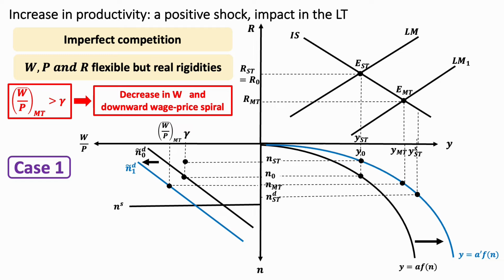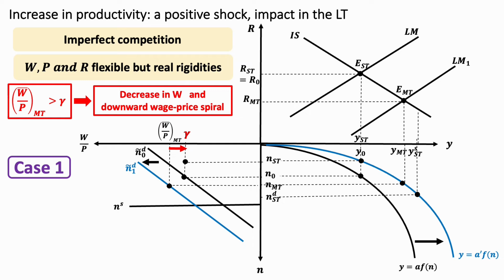In the long term, the nominal wage becomes flexible. It decreases, which will trigger a downward wage price spiral, which ends when the real wage comes back to the initial negotiated gamma.